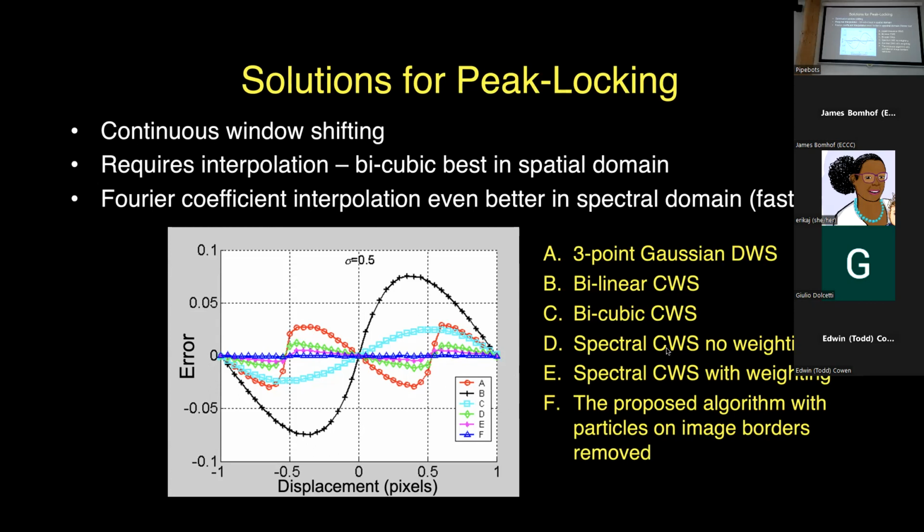In the spatial temporal fields, you can do bilinear or bicubic to interpolate. What my former student Chen Liao showed during his PhD was that we already are working in the spectral domain to do the correlations. The interpolation is much faster in the spectral domain, and in fact, it's much more accurate. So in the spectral domain, we can work with a variety of techniques, the green, the red diamond, and the blue triangles, D, E, and F, all of which essentially eliminate the peak locking.